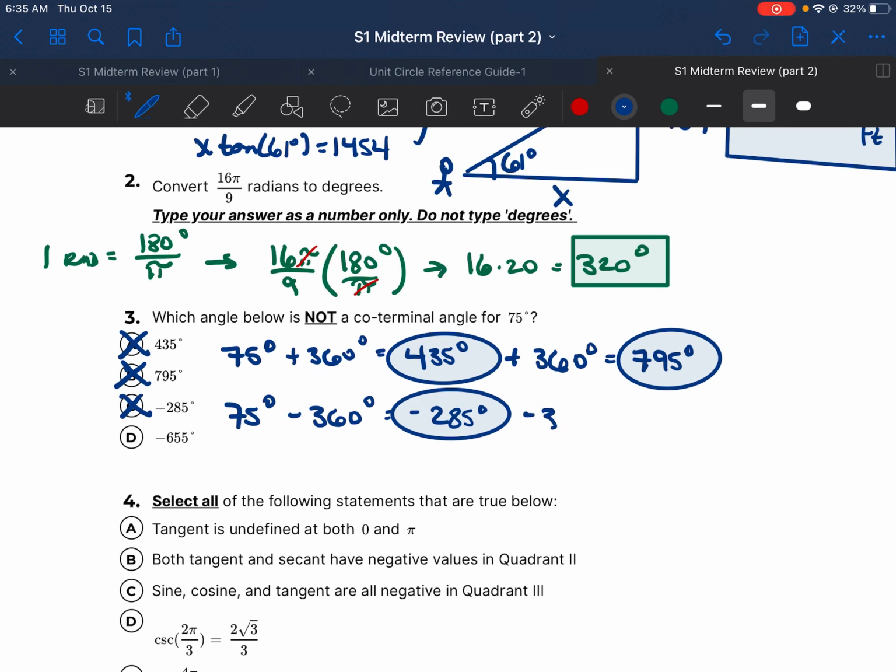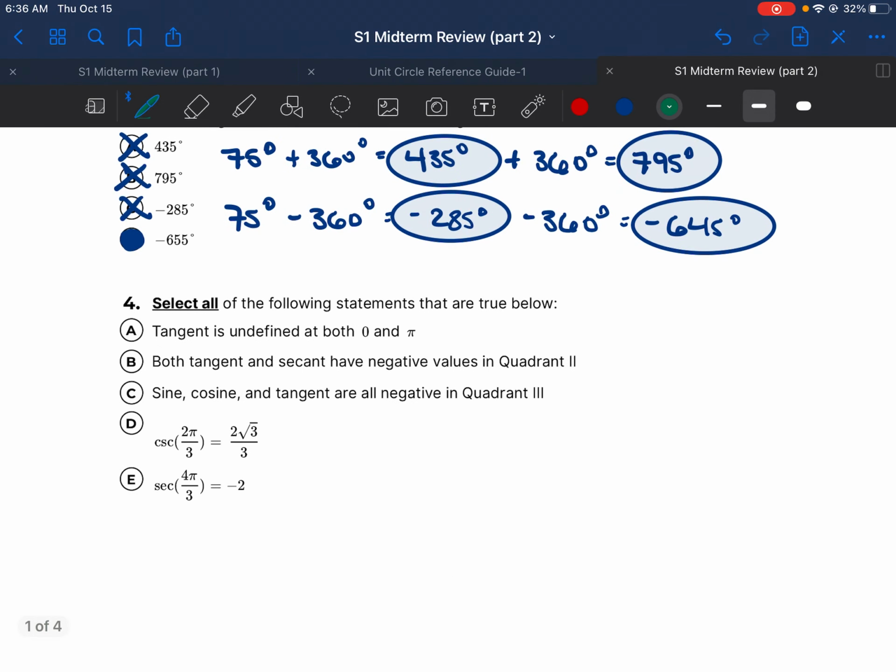And let's subtract 360 one more time. We get negative 645 degrees. So notice that our last answer choice here says negative 655. Negative 645 is the next coterminal angle. So this is not a coterminal angle.